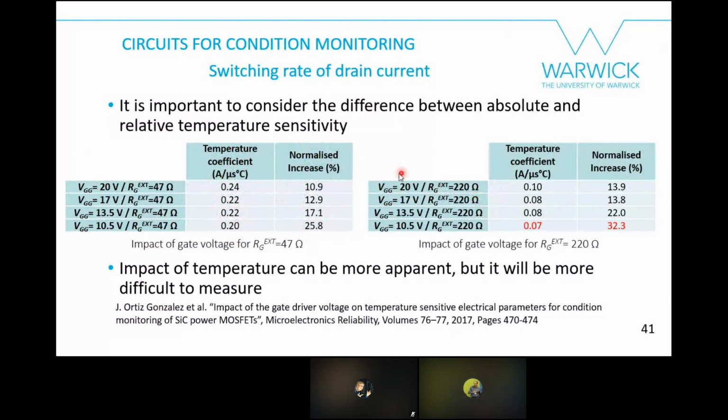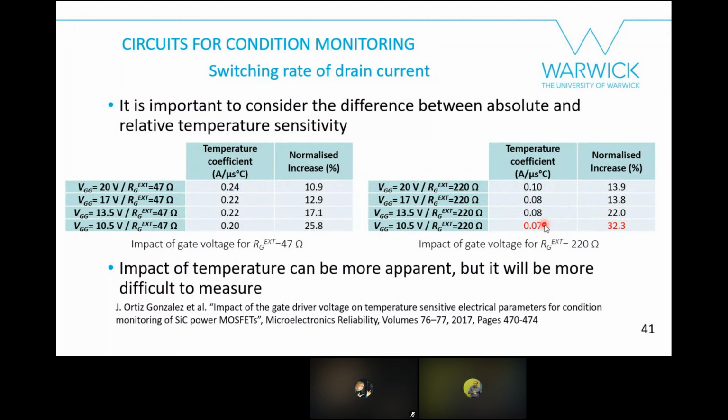Let's now reduce further the switching rate. Now we are switching with 220 ohms and 20 volts. You can see how the normalized increase now is 14%, but your temperature coefficient has reduced quite considerably. Now if you reduce the gate voltage, you have a normalized increase of 32%, which is good, but now your temperature coefficient is going to be really low.